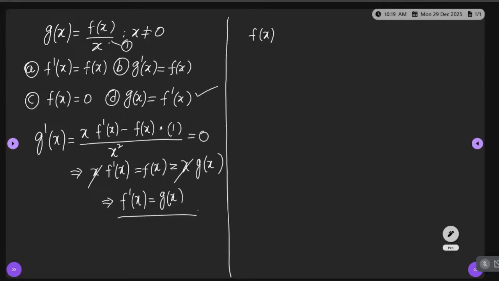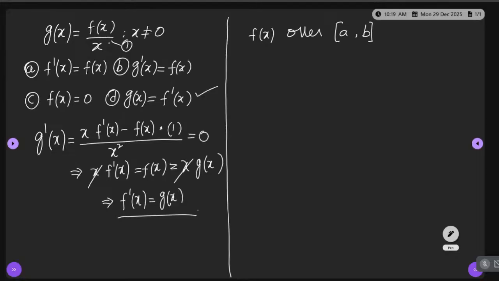To obtain maxima or minima of f of x over closed AB, closed interval.